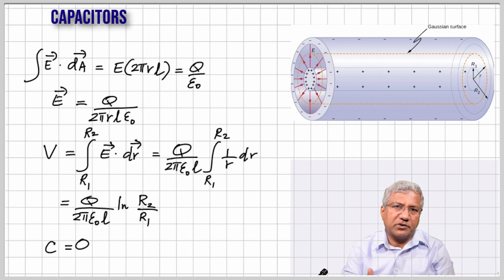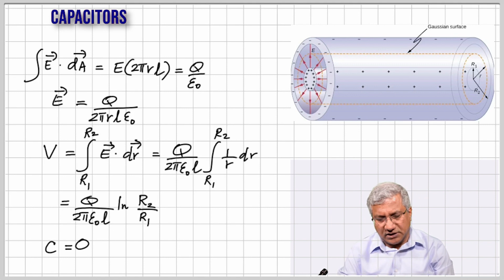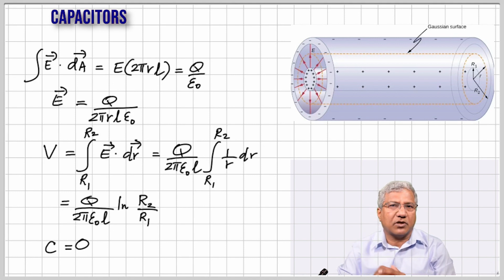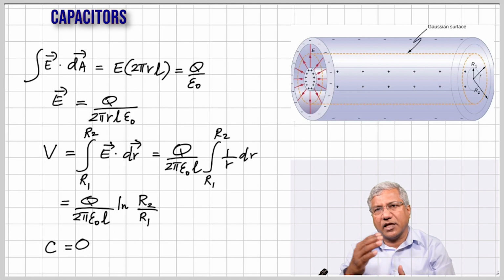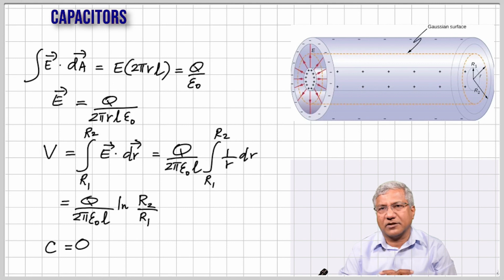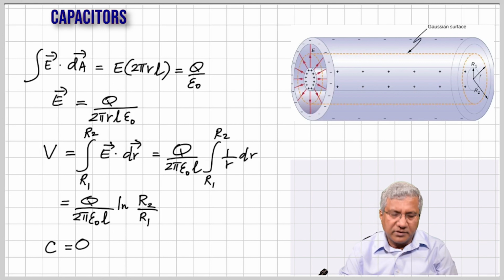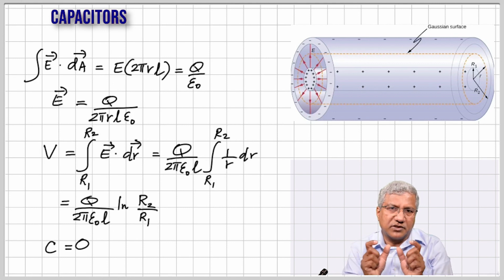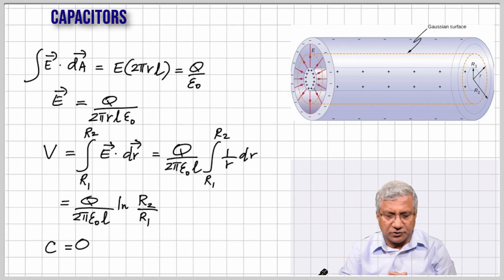R2 is the upper and R1 is the lower limit. So natural log of r is what you get, and then it'll be natural log R2 minus natural log R1. But you know that log A minus log B is log A by B. A little bit of math there. So the difference becomes a ratio.